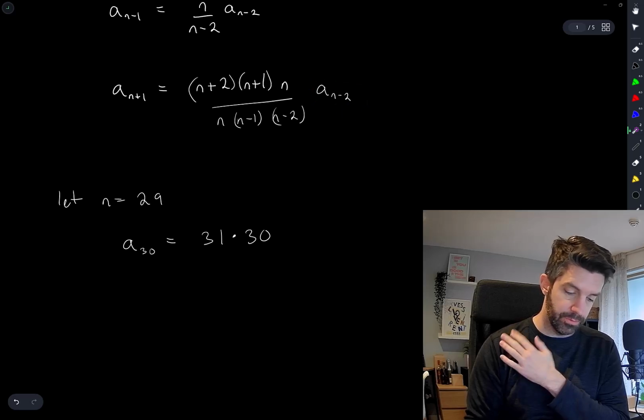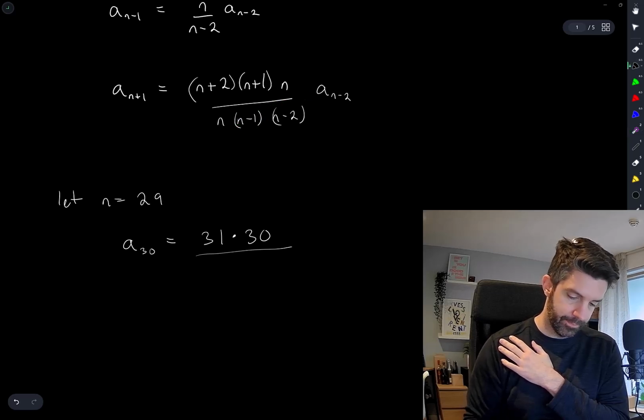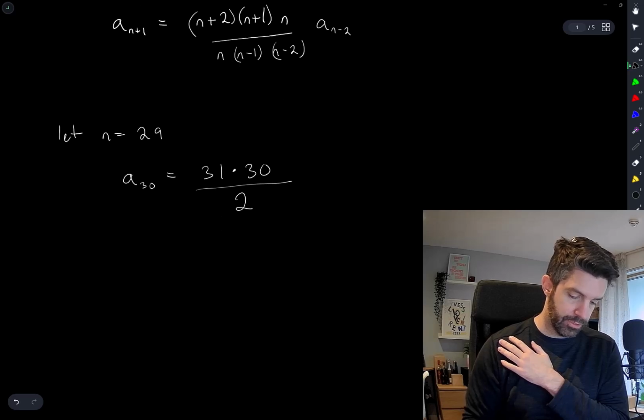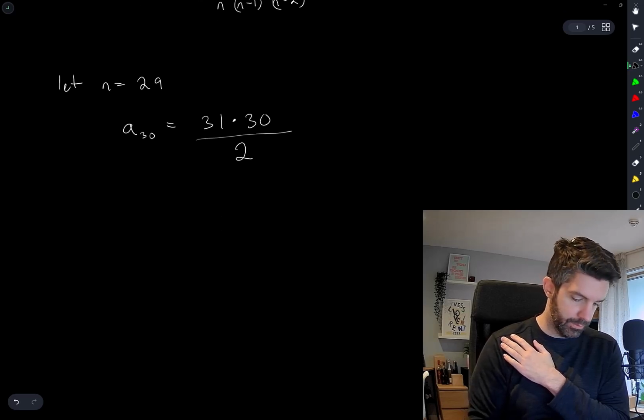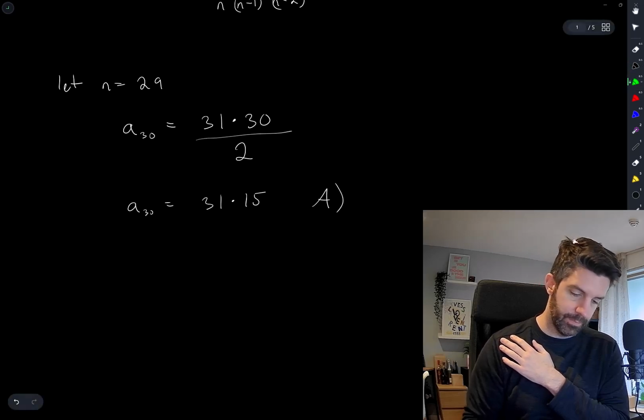I have to do the substitution several times, but the point is this term will not be canceled by something in the numerator, and neither will this term. But if this is equal to a_1, then that term is a 1 and that's a 2. So a_30 should be equal to 31 times 15, which is the first option given, option A.